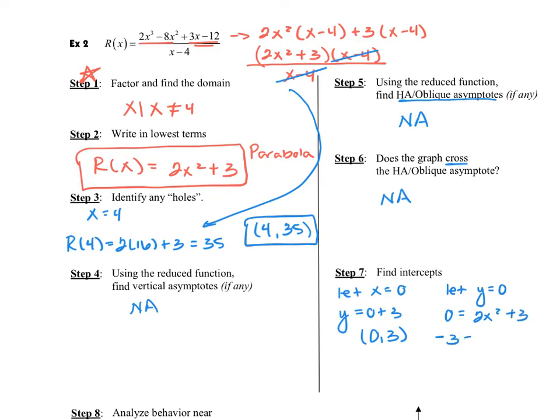We'll get a negative 3 is 2x squared. And from here, I can already see that if I divide by 2 and take the square root, I'm going to end up with something imaginary, which means there are no x-intercepts, which again should also make sense if we're thinking about an upward turning parabola that's been shifted up 3.